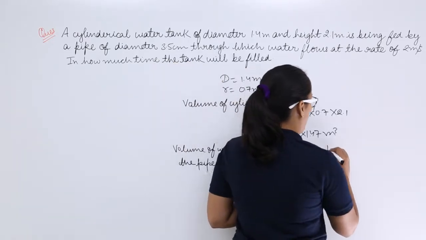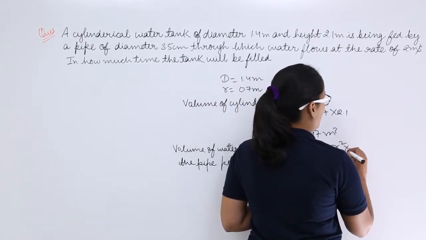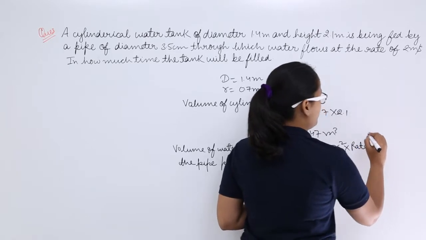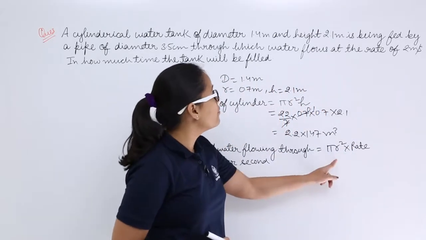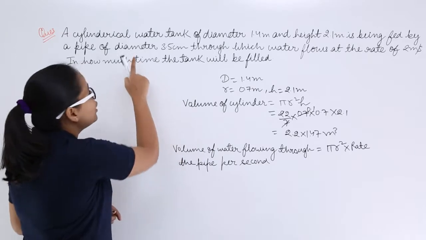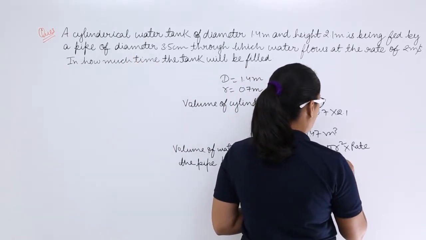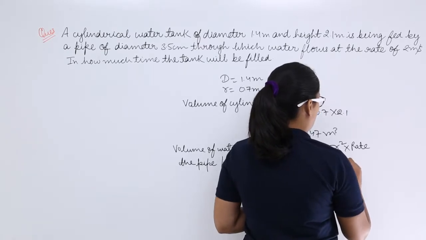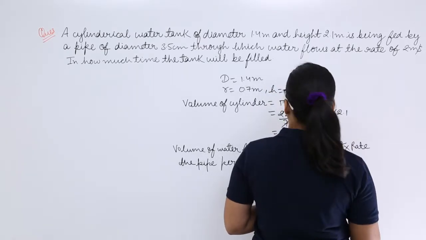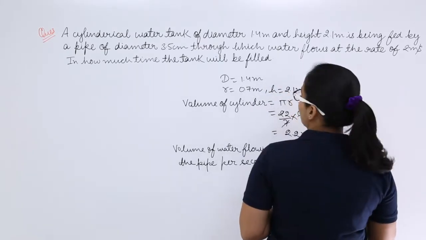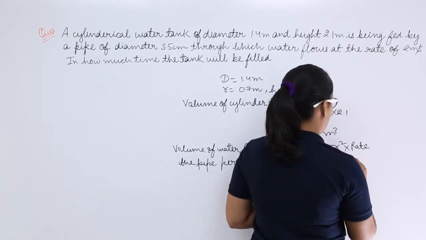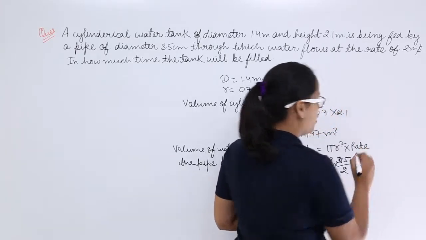It will be pi r square into rate. You have the radius. You know the diameter of this pipe is 3.5. So what will be the radius? Half of the diameter, so it will be 3.5 divided by 2.